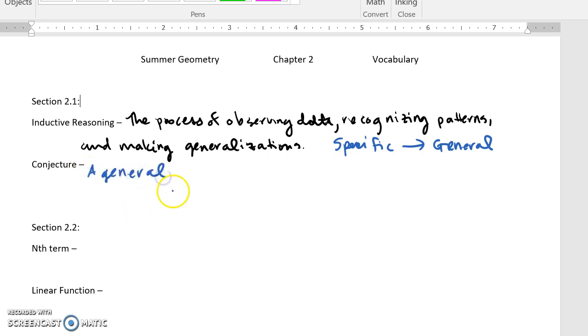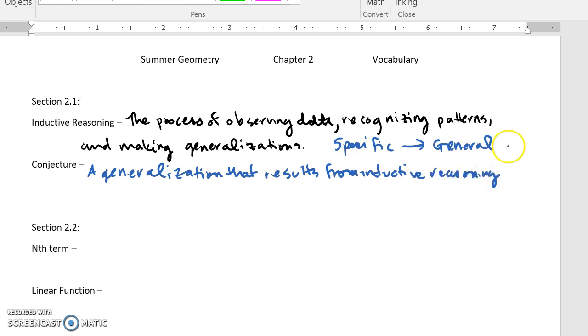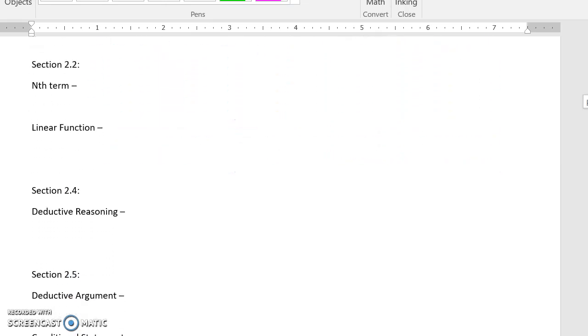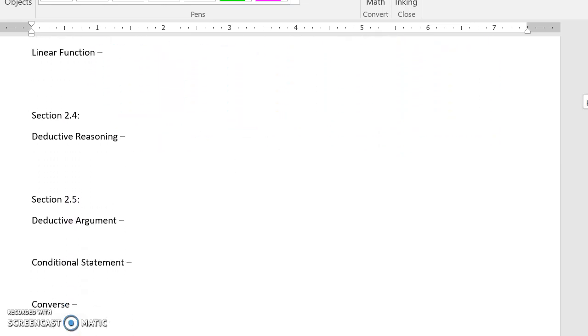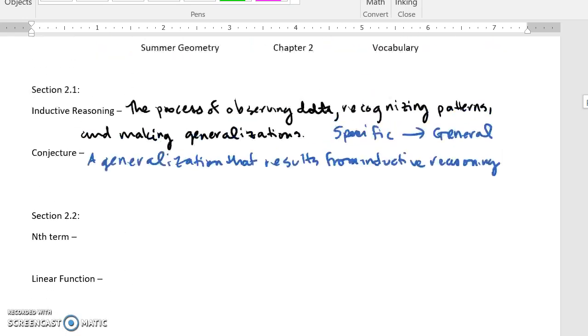A lot of conjectures take a very specific form. A lot of them come down to conditional statements, and we will define conditional statement in section 2.5.